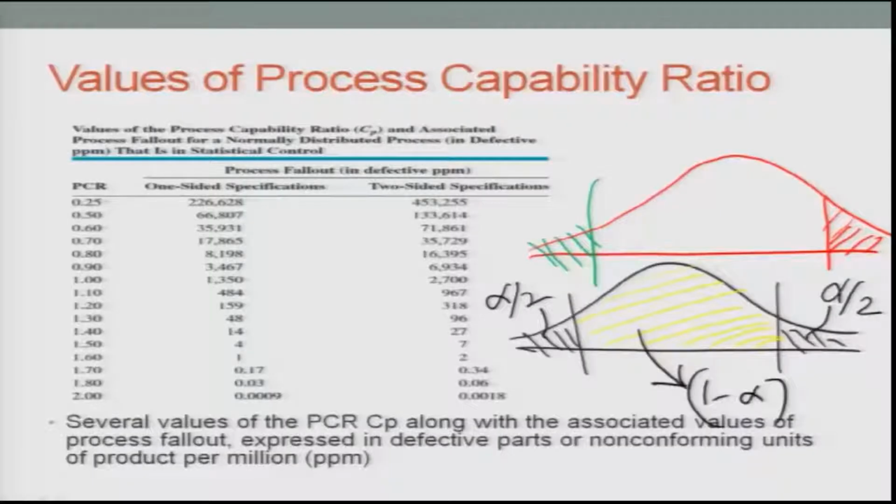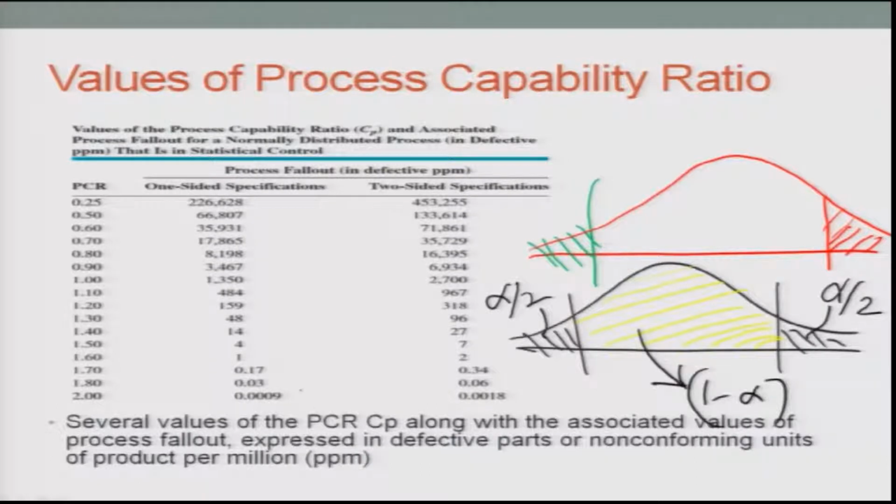I spent about 10 minutes talking about that, drawing different diagrams, because this was the reason. You have the process capability ratios given, and the one sided and the two sided specifications are given accordingly. Only one thing to remember, the values which you have would be almost twice of each other.